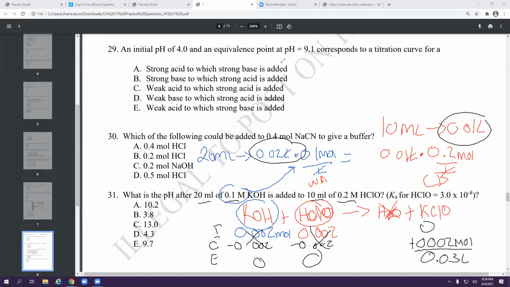And I'll get 0.067 concentration. Is that making sense so far?